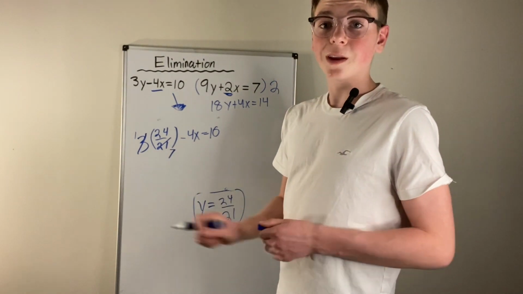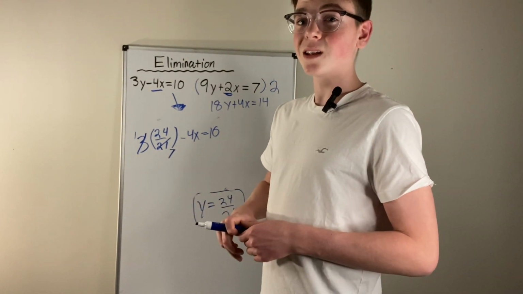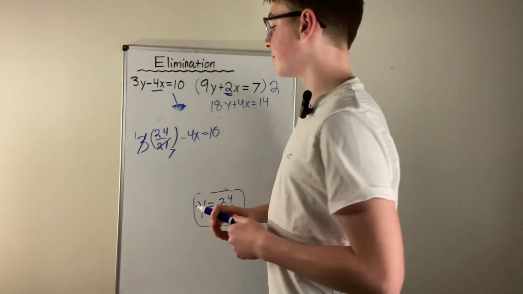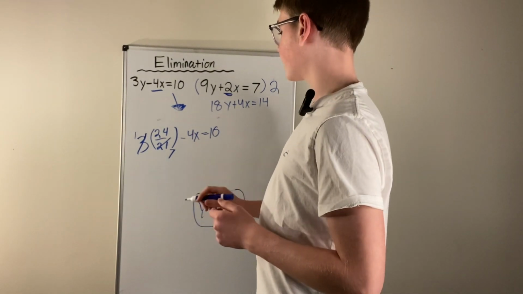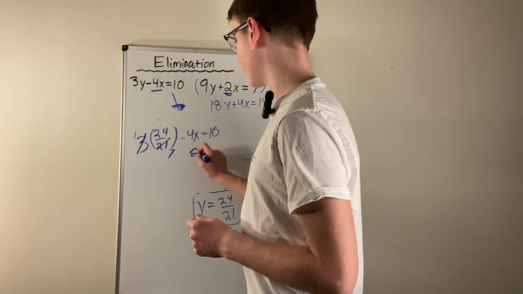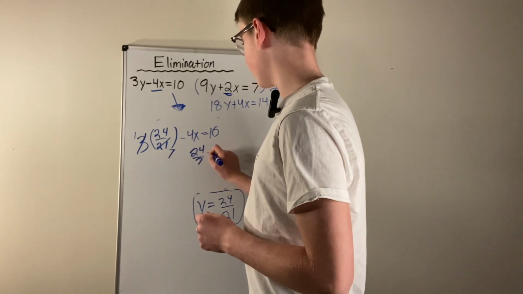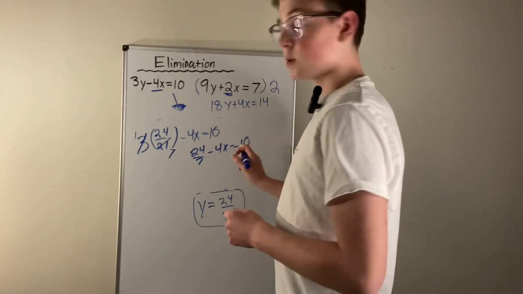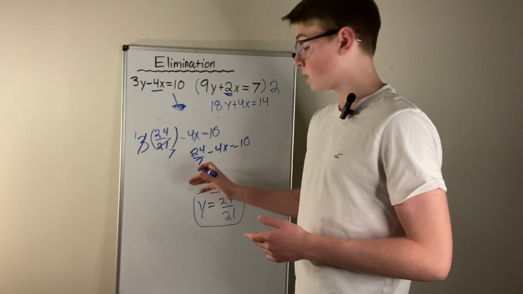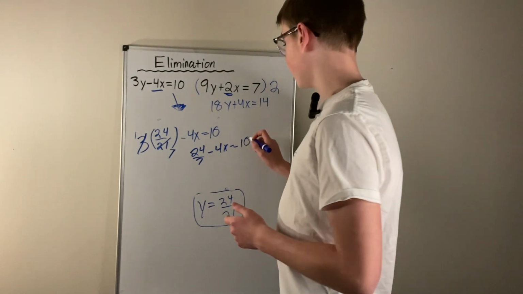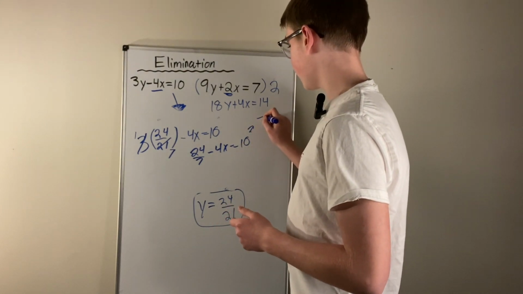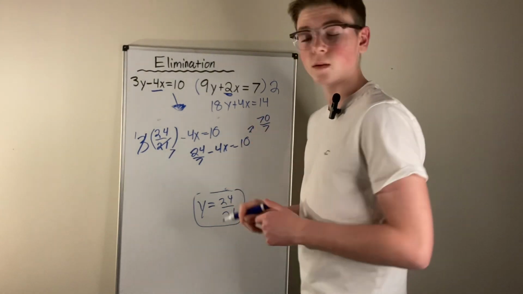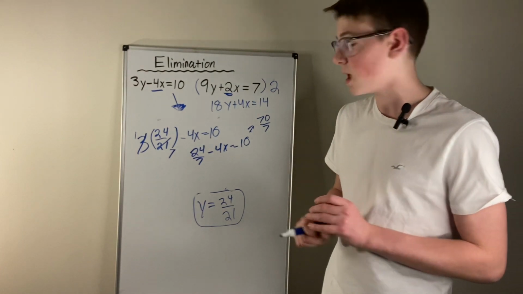So now it's 24 over 7, which is a little bit better. Minus 4x equals 10. So 24 over 7 minus 4x equals 10. Then we're going to turn this 10 into something with a common denominator as the 7. So this 10 is really 70 over 7, because 70 divided by 7 is 10.